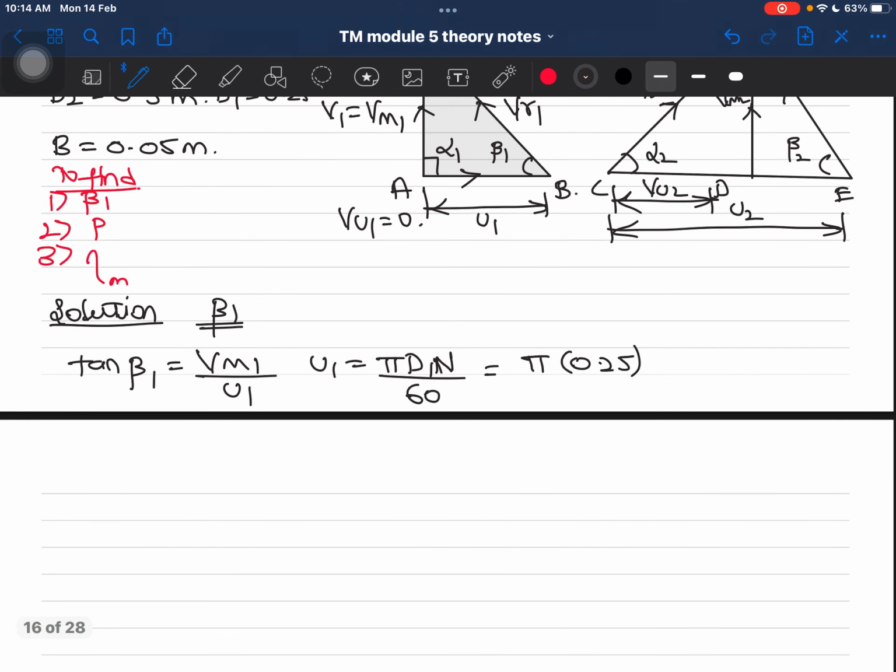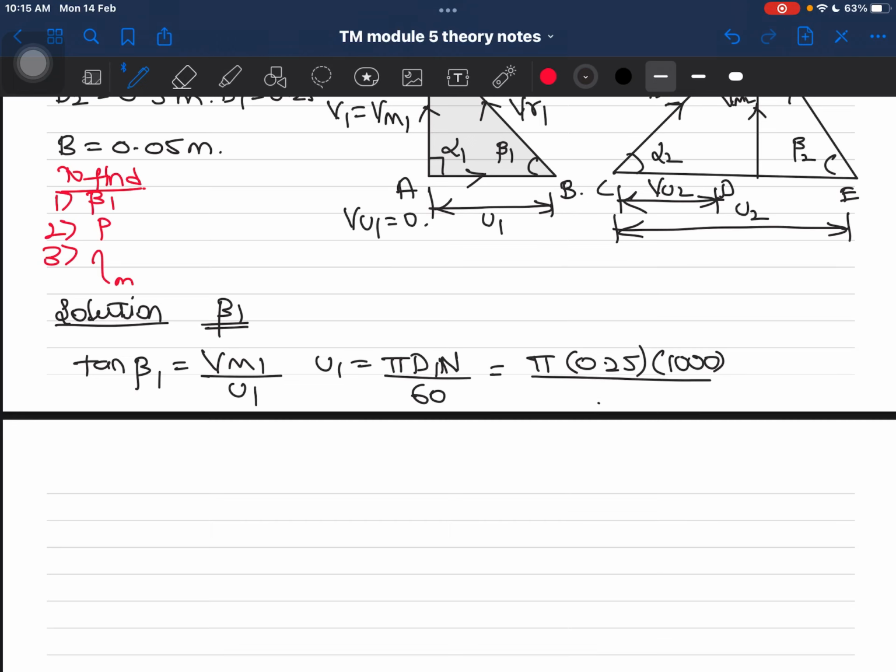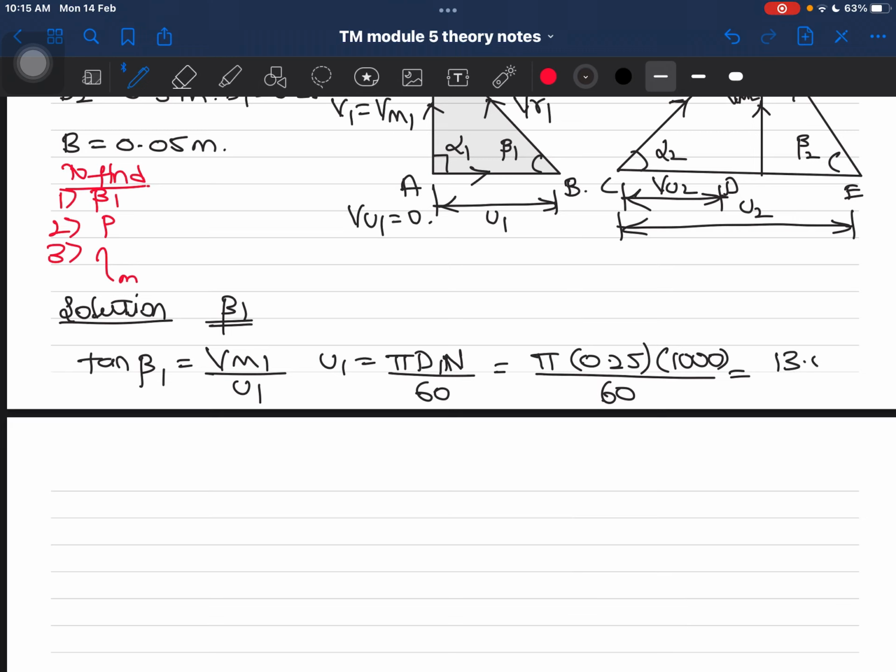So pi into 0.25 into speed 1000, this whole divided by 60. If you calculate this value, it turns out to be 13.09 meters per second.